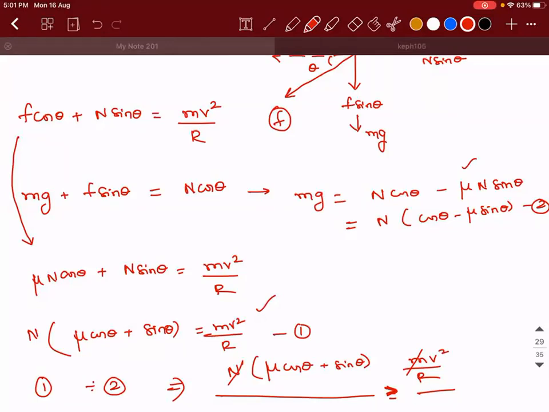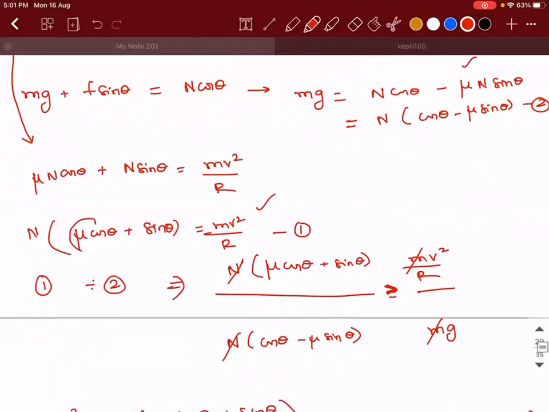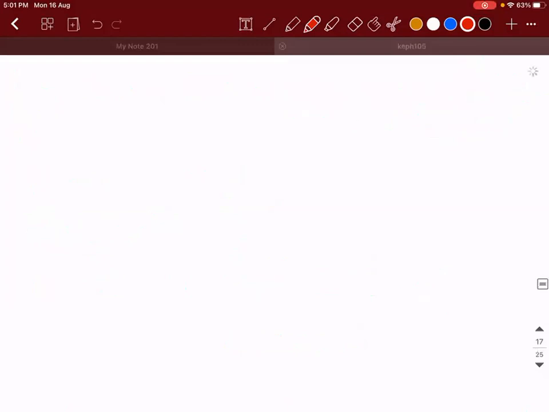No. Sometimes you can take a turn in such a way that friction need not come into the picture at all. So that's called the optimal speed. So when friction is not coming, then mu N cos theta will be 0 and mu N sin theta will be 0. So mg will be N cos theta, and N sin theta will be equal to mv square by r.